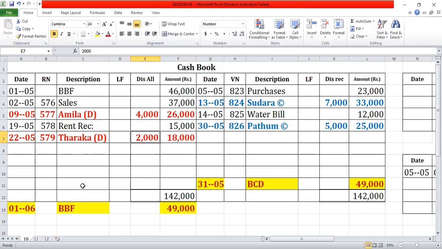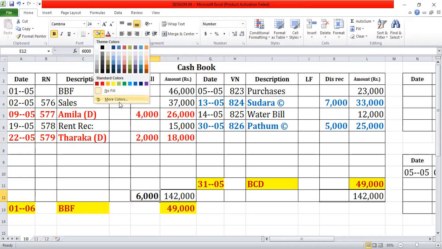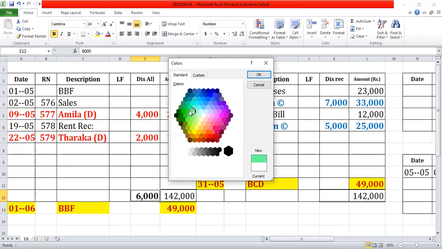Now the most important part. What to do for the discounts allowed and discounts received. This is what we have to do. First, get the addition of the discounts allowed, 6,000. Please highlight it.